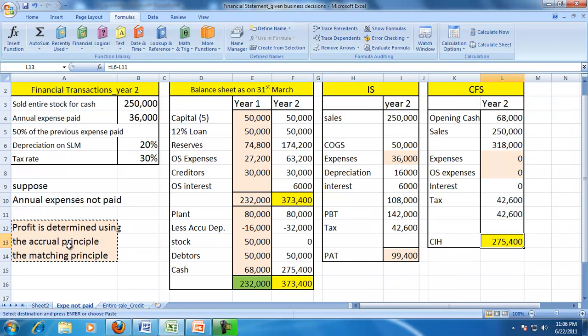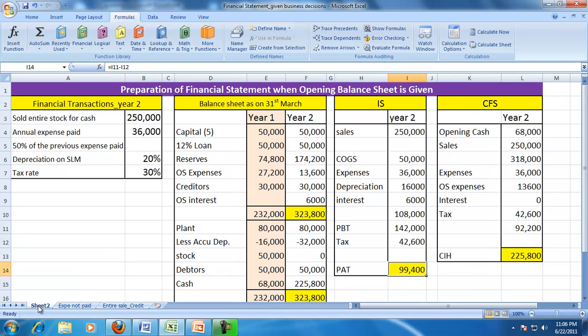Suppose now we take a decision that the annual expenses are not paid at all. Similarly, you have not paid the previous expenses. So if you see, expenses 36,000, no expenses in the cash flow statement because we have not paid. Despite that, the total profit of the period is 99,400, which is same as the previous profit.